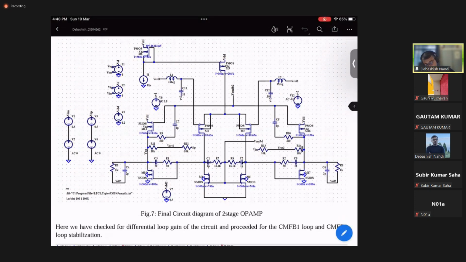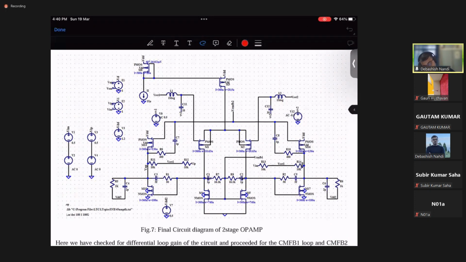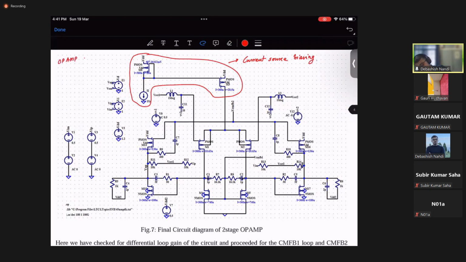This you can see, this is the current source biasing. This I am telling you is an op-amp inside. If you crack open an op-amp, you will see that this kind of circuitry is there inside the op-amp.